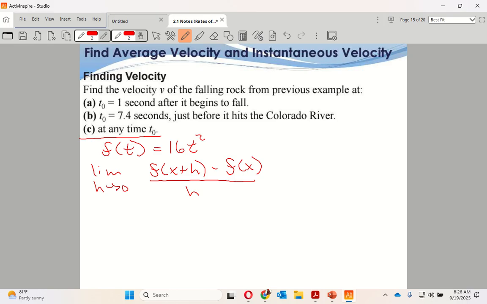All right, so let's go ahead. Plugging it in, this is going to be 16 times x plus h squared, minus 16x squared, all over h. I'm going to expand that.